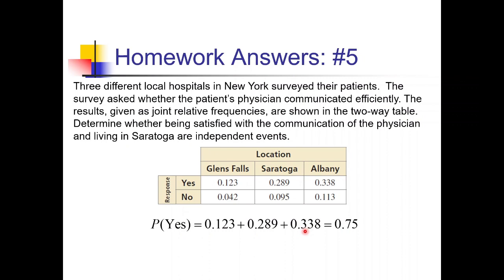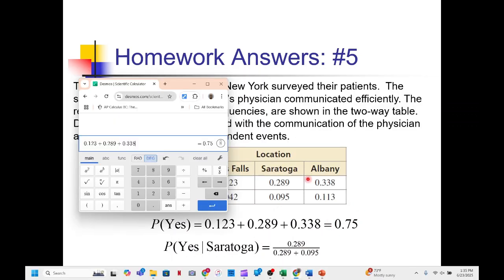Now we want to know the probability of yes given Saratoga. For that, we're going to have to figure out the probability of yes and Saratoga, which is just this 0.289. And then we'll need to divide that by the probability of Saratoga in general, which is 0.289 plus 0.095. Let's see what the calculator has to say about that.